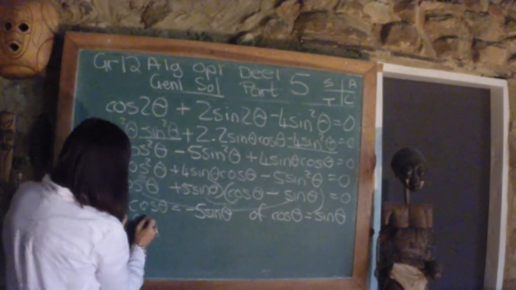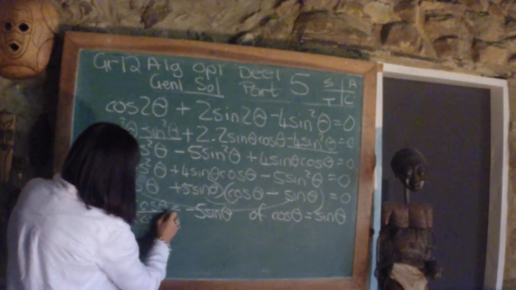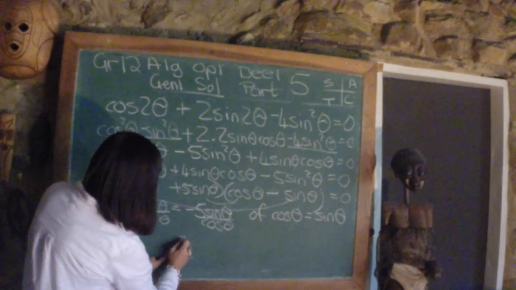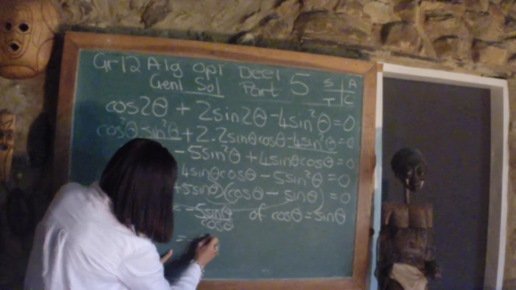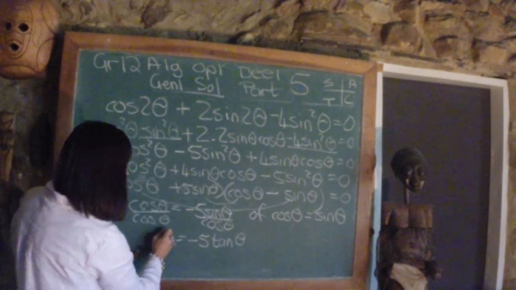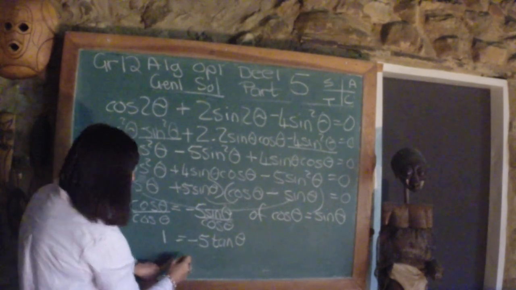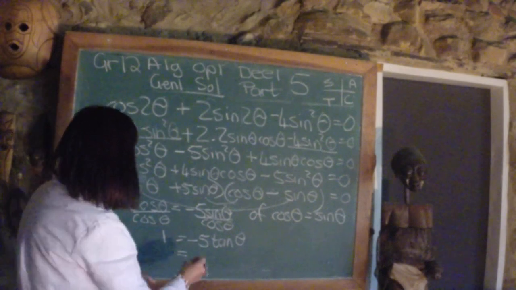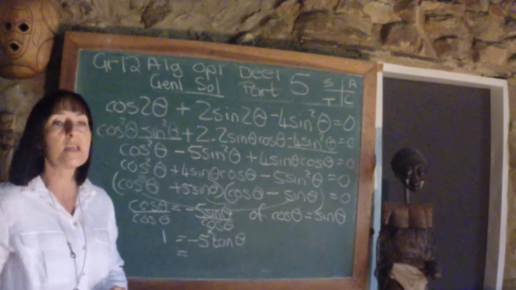So let's do it. I'm dividing with cosinus on both sides, and now I've got a beautiful solution of 5. Tangent of theta equals 1. Take that minus 5 to this side of the equals 2. Remember, it's a multiplication.